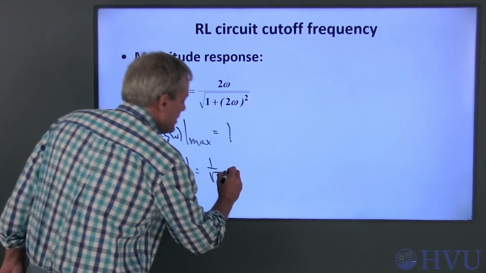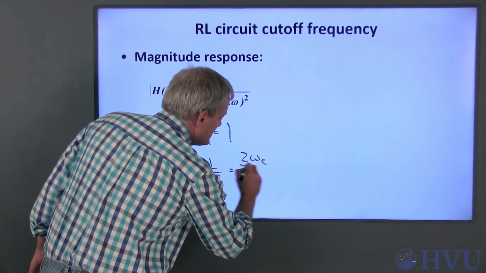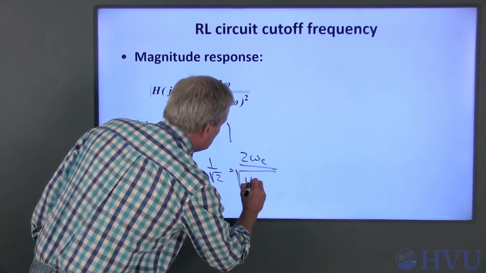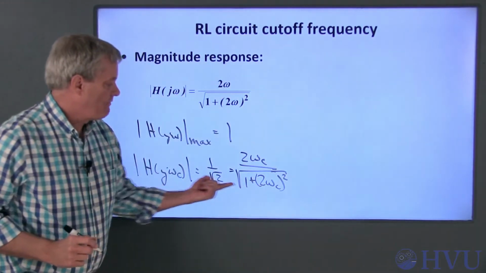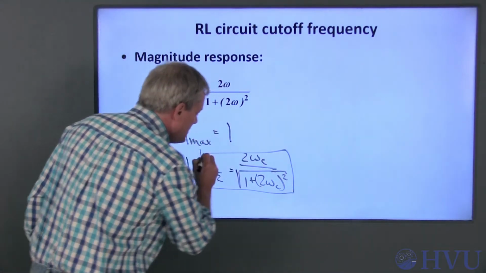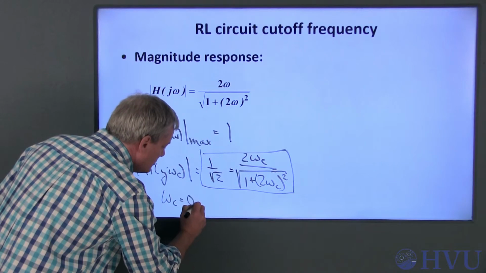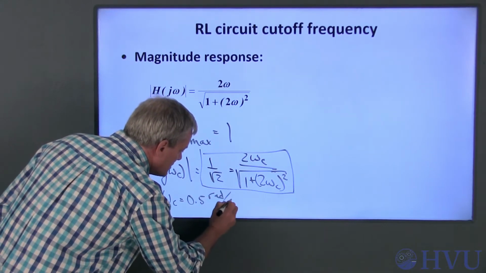That's equal to this expression evaluated at omega sub c. If I solve this for omega sub c, I get omega sub c is equal to 0.5 radians per second.